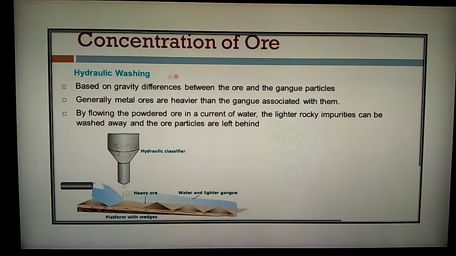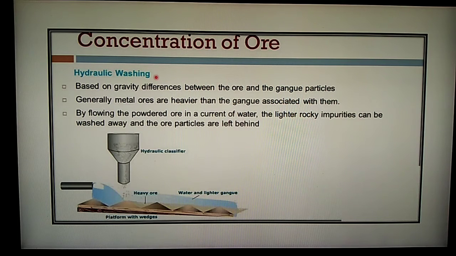So if we have oxide ore, we introduce hydraulic washing or the gravity separation process.